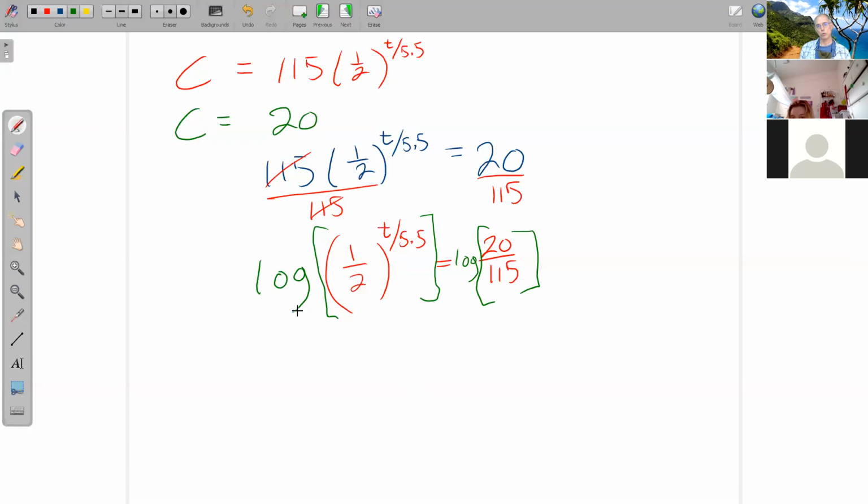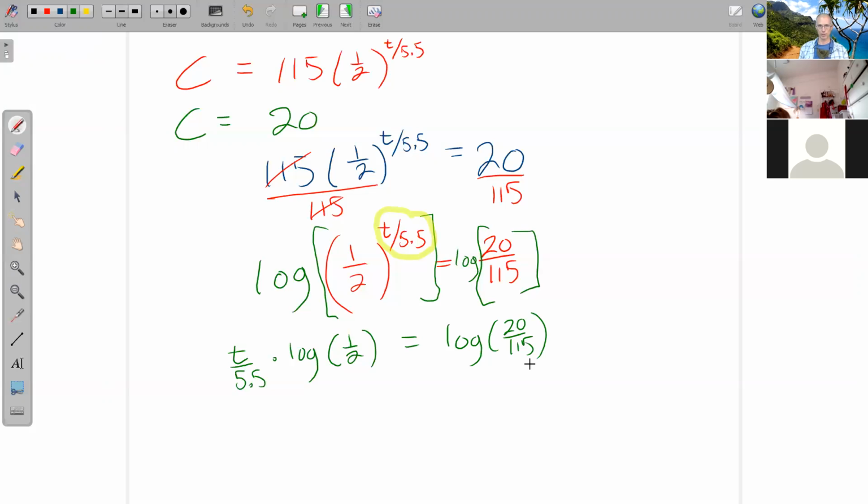Okay, so the rule of logarithms is that the whole power hops out. The power is the T over 5.5. So that whole chunk pops out front. So next, I get T over 5.5 times the log of 1/2 is equal to the log of 20 over 115, or maybe you wrote the decimal version of that down.